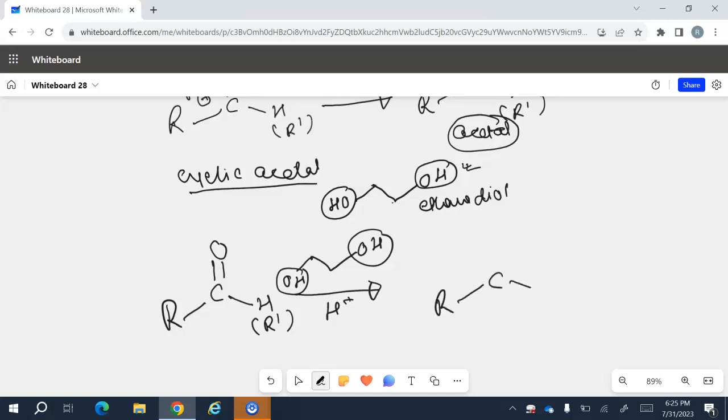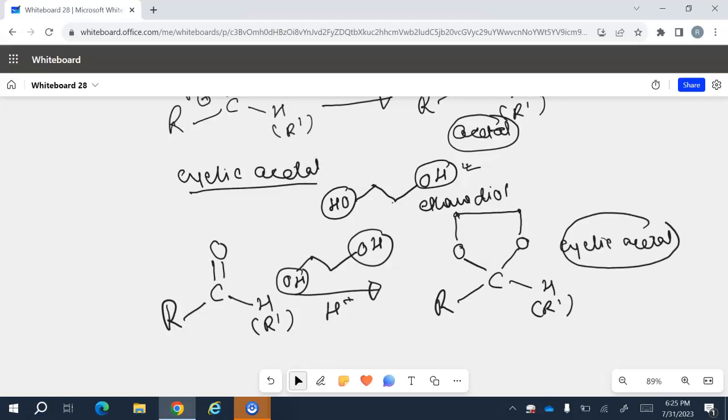So what happens is, here you add two OR groups, but they are connected. So you have two oxygens that will be connected by the two CH2 groups. So this is how you get this cyclic system. We call that a cyclic acetal.